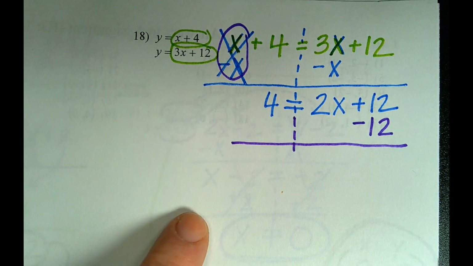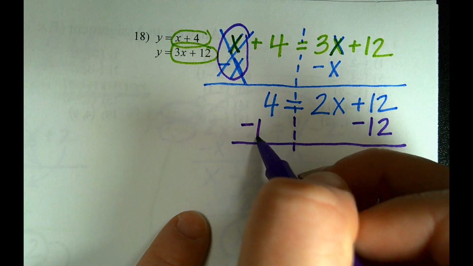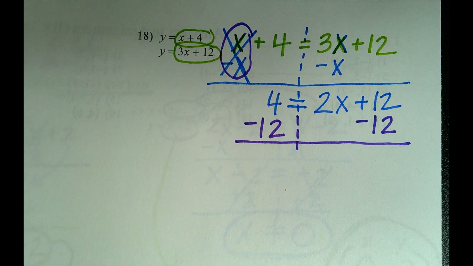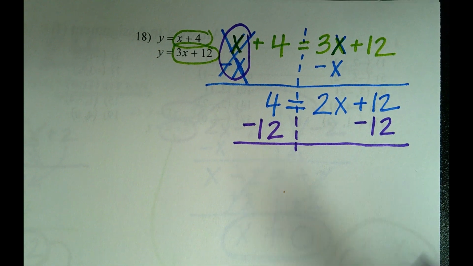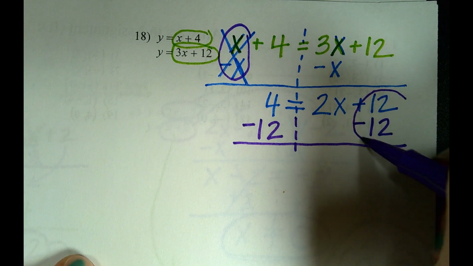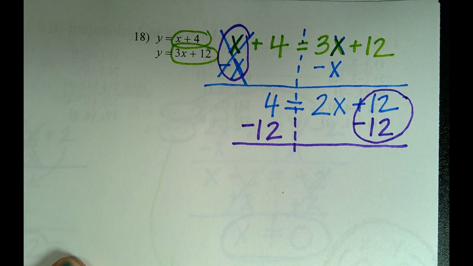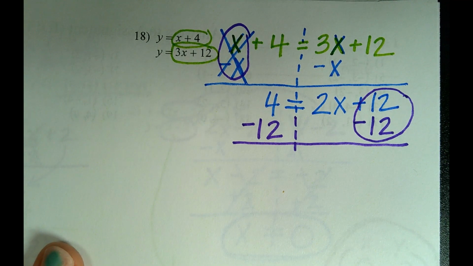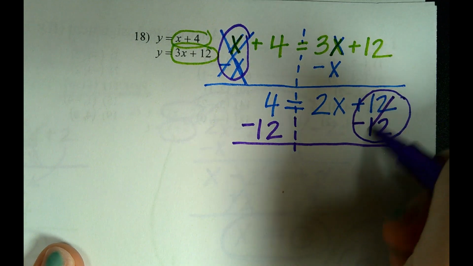So I subtracted 12 here. I need to subtract 12 here as well. And now this is the step that we took. Okay, so what happens to my 12s? They cancel.